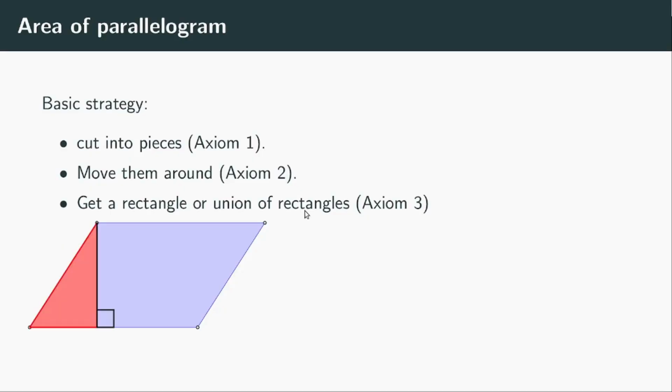Okay, so what I do here is I take one of my vertices and I drop the perpendicular, and that gives me this red triangle here on the left. I now move that red triangle, right? I just translate it over to put it on the right.